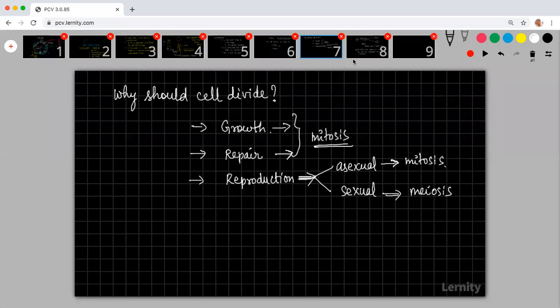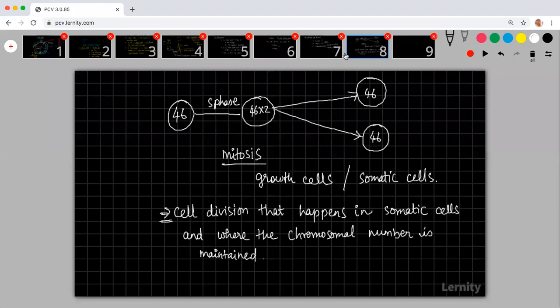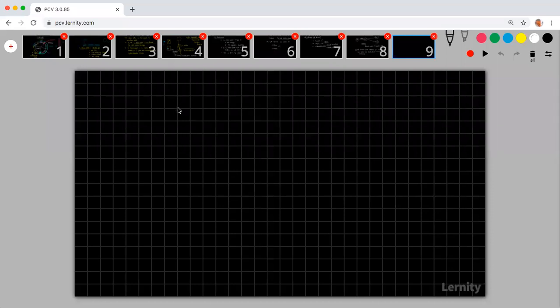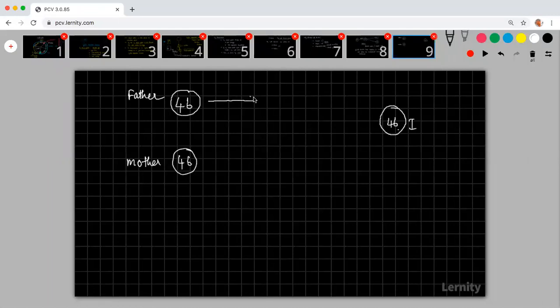What is the difference between them? I'll tell you. So basically this is what is happening in mitosis. In meiosis, let us say my father has 46 chromosomes. My mother has 46 chromosomes. And I have 46 chromosomes. Will my father give the cells directly as 46?